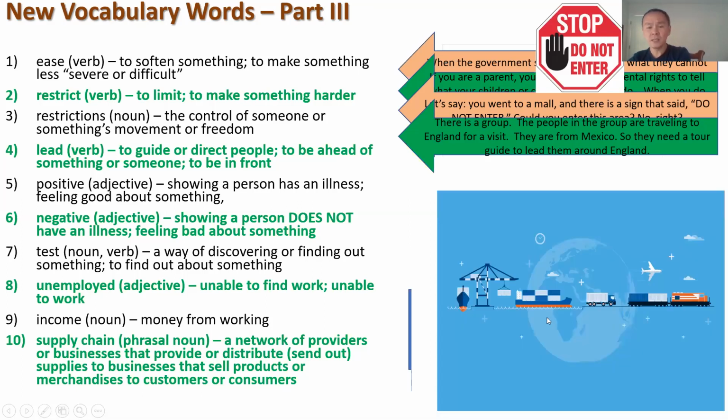Now you see here, you see the train, the bus, the boat, the airplane. You see where the house is. You see the different things here, the boat here. So this right here is called the supply chain. You see the boat. The boat is bringing the materials to the manufacturer here.